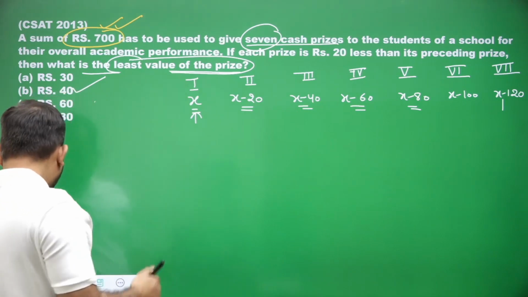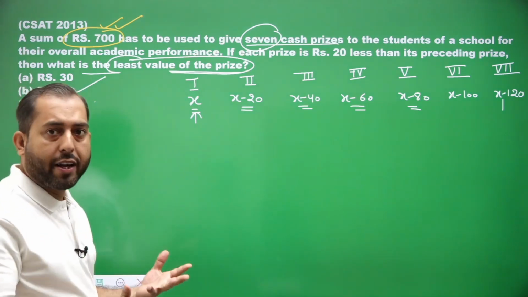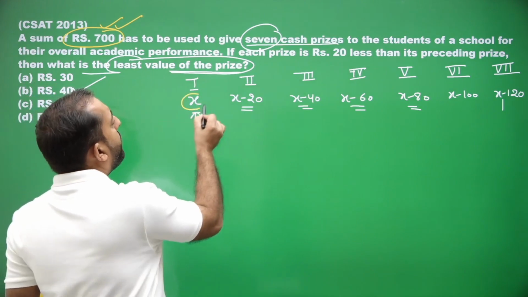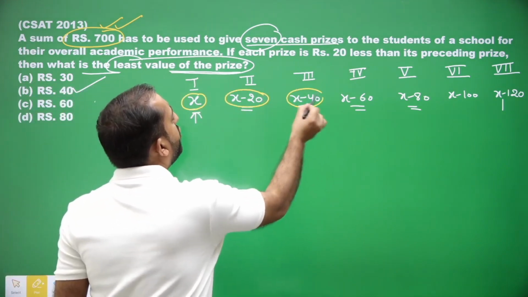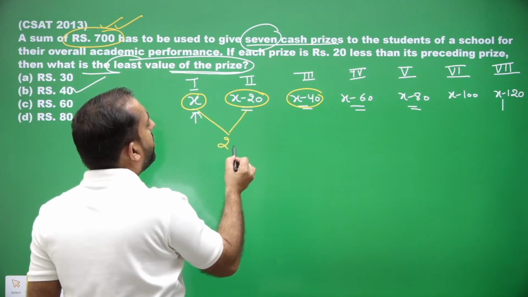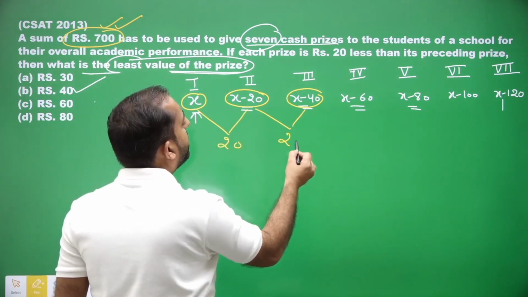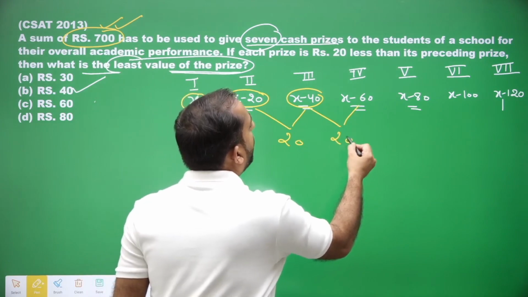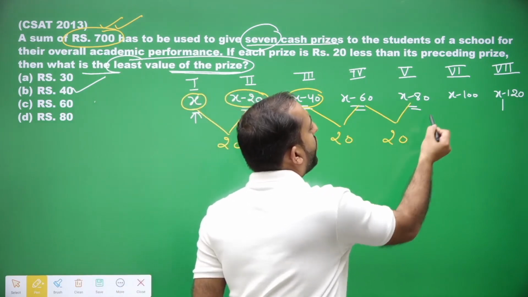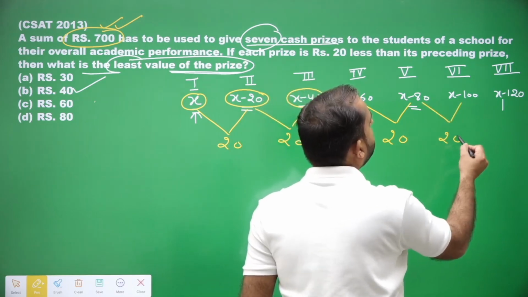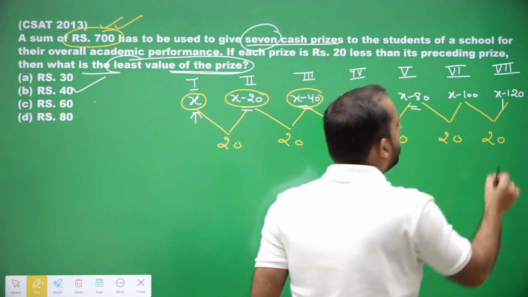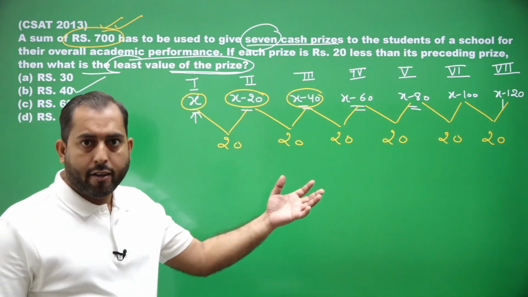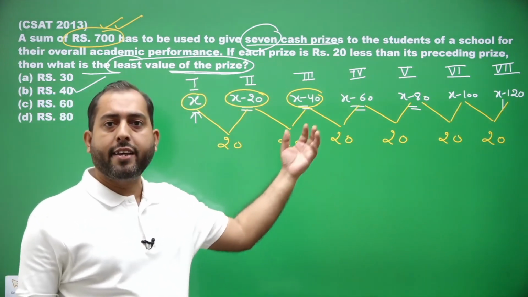If you pay attention to this sequence, you will find the difference between consecutive terms is 20. So this sequence is an AP.